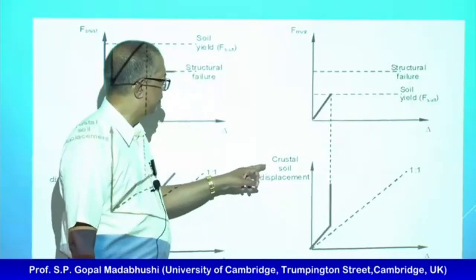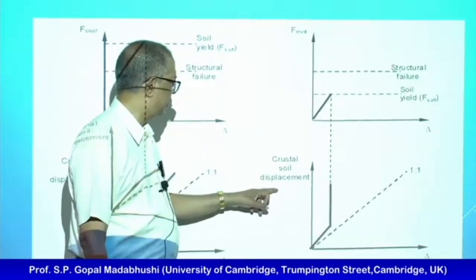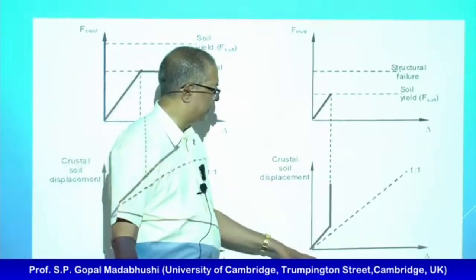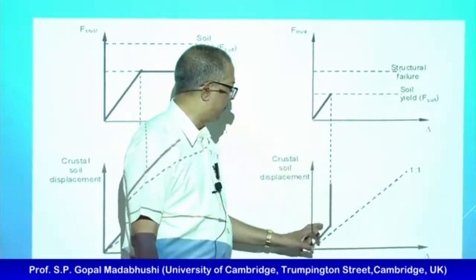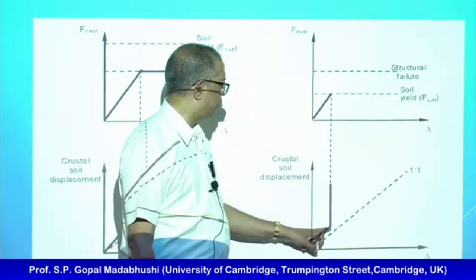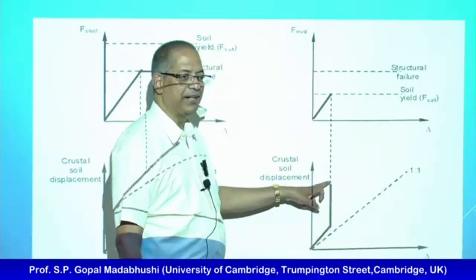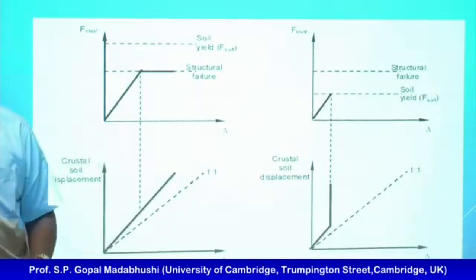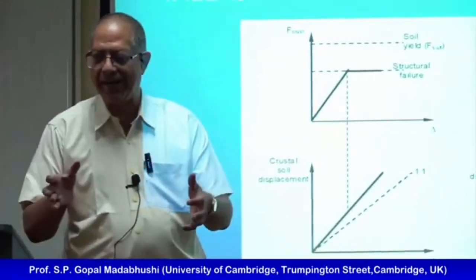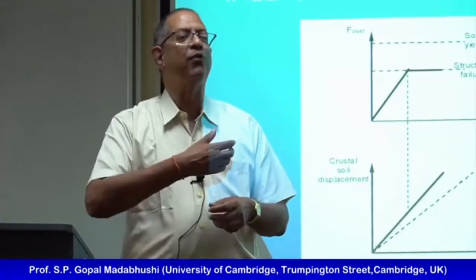Now what you have is this crust displacement here, pile displacement here. If I come down here, this is the 1 in 1 line, and basically I'll come up to here and my crust displacement increases while the pile displacement doesn't change anymore. Does that make sense? Because the soil has failed, therefore it can flow.